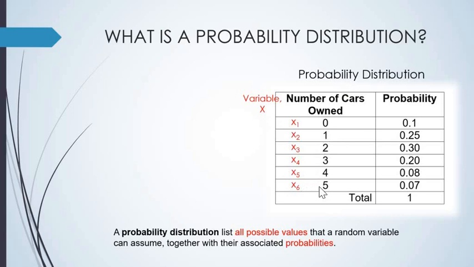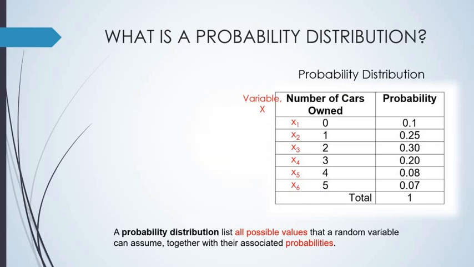You may use any other alphabet other than X. You can use Y, you can use W, but of all the alphabets, try to avoid using Z. This is because Z is reserved for a special probability distribution that you are going to learn in the last chapter later.